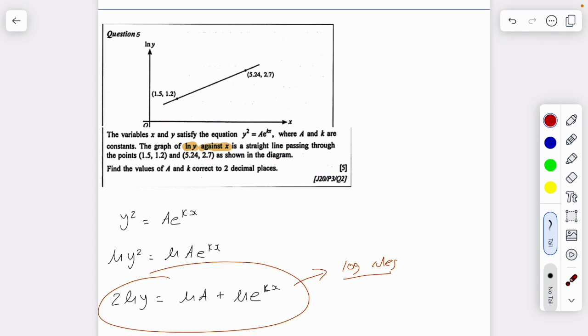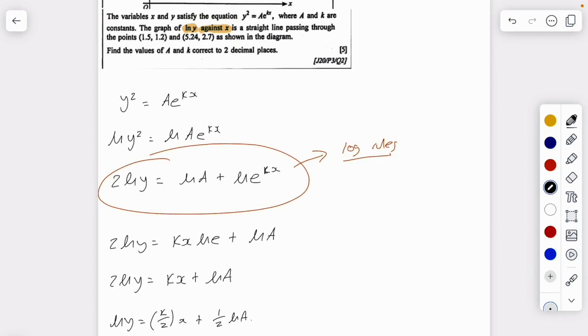Okay, so how does that work? Well, say this.